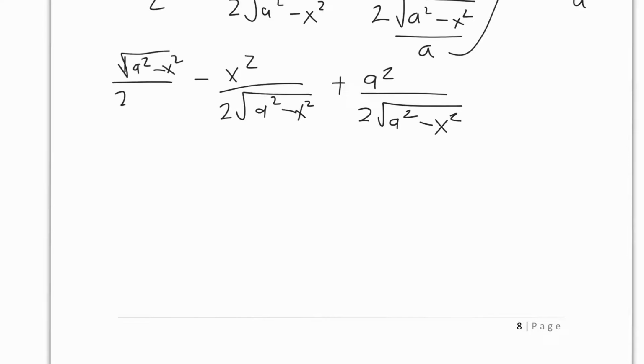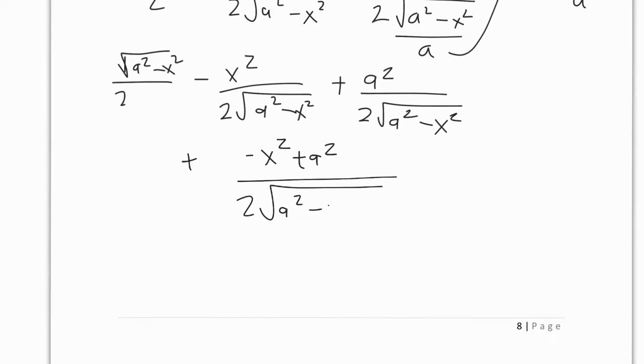And it looks like these two have the same denominator. So let's go ahead and combine those. We'll get plus negative x squared plus a squared over 2 root a squared minus x squared. We'll keep this in the front.